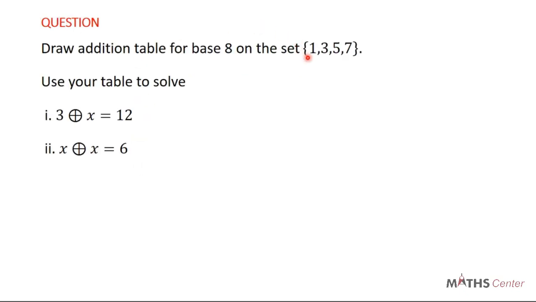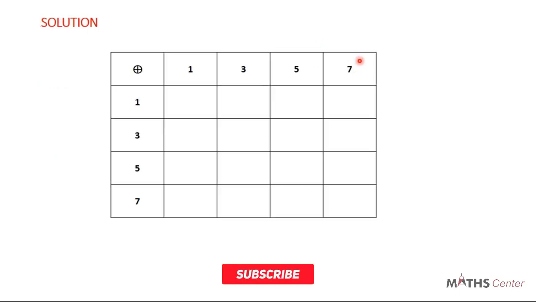If this set had not been there and the question tells us to draw an addition table for base 8, then the set you will use will be 0, 1, 2, 3, 4, 5, 6, 7. But this time the question is telling us to draw the table on the set 1, 3, 5, 7, so we have to use the set that the question gave us. Don't forget that the addition is still in base 8.